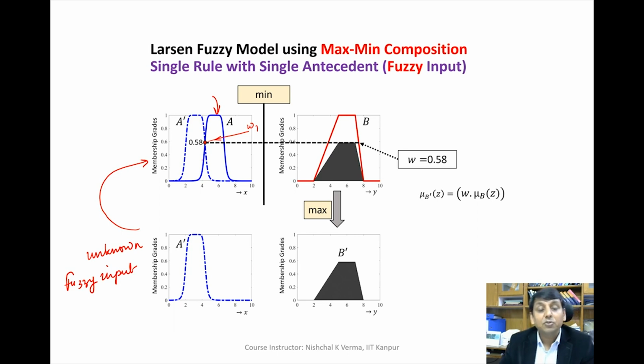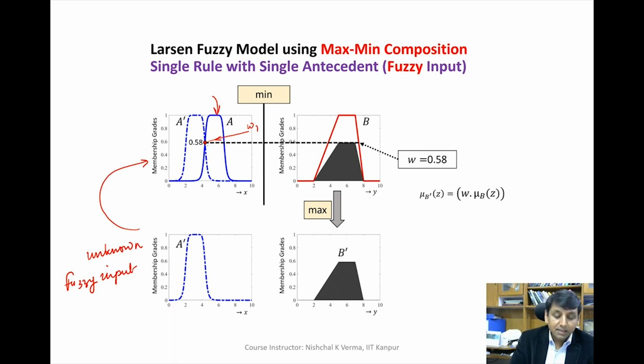And what is W1 here? It is the point of intersection. We might get two points of intersection since we are taking a fuzzy set, and a fuzzy set is characterized by a fuzzy membership function. So we might get multiple points of intersection, normally two at the max. In that case, we'll take only the max of all the intersection points.